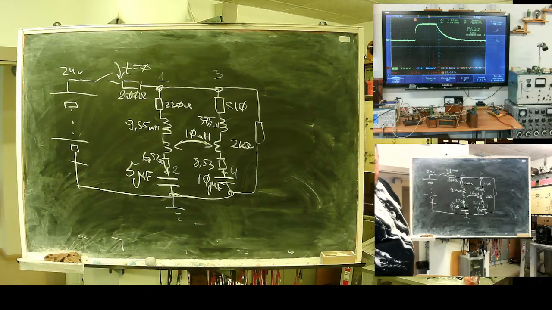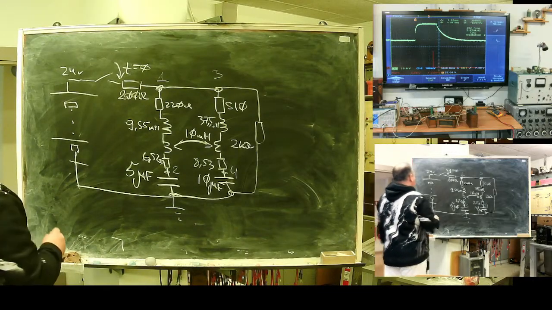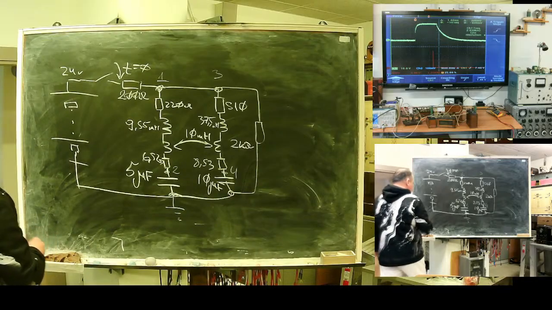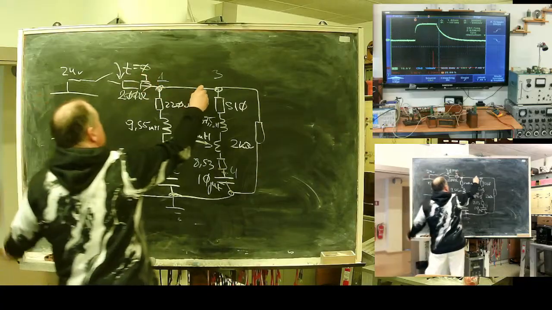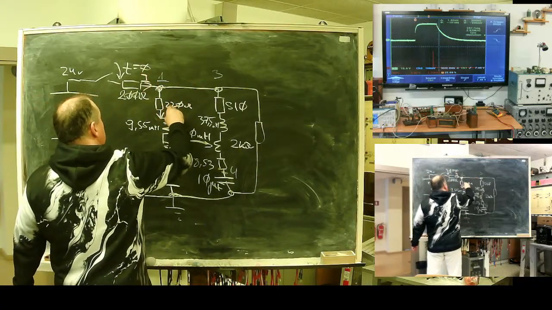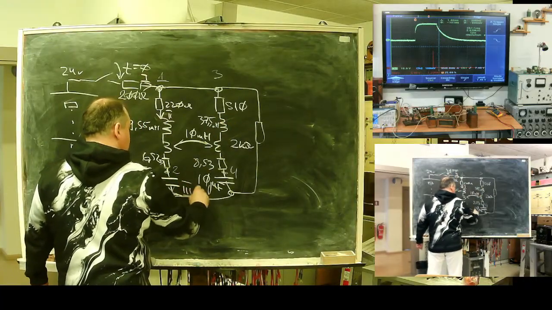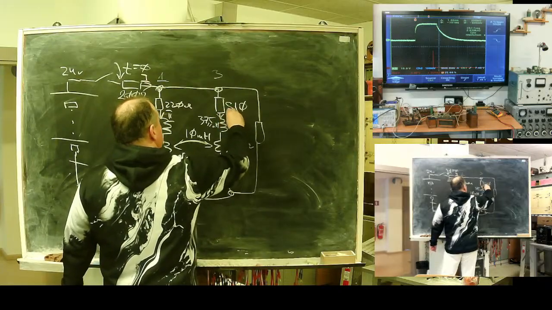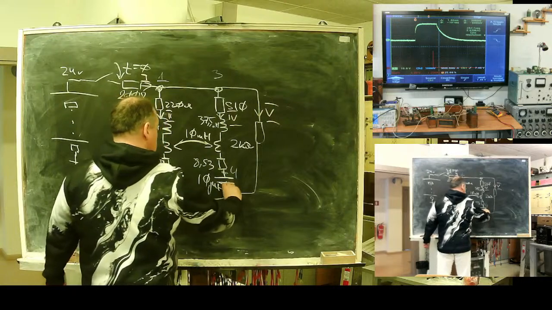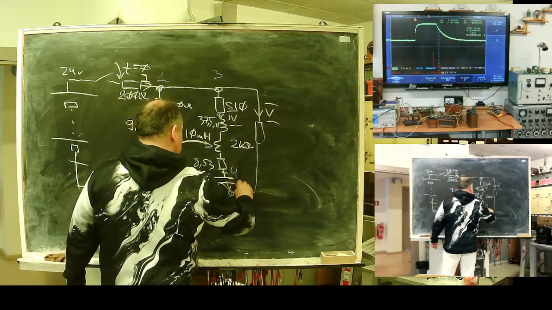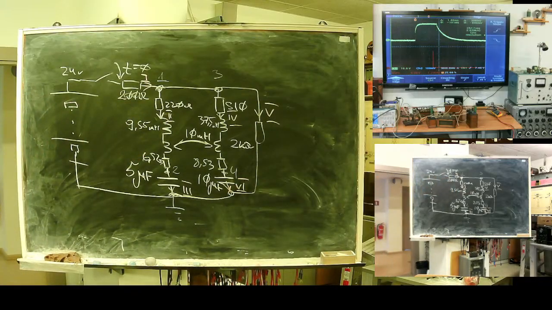It's not necessary. Next, I need to assign numbers to branches and directions. This will be branch 2. My capacitor will be branch 3. This will be branch 4. This branch 5. This capacitor branch 6.